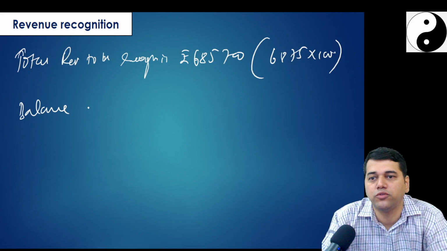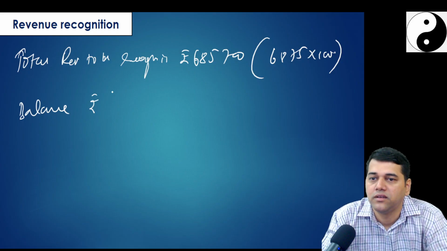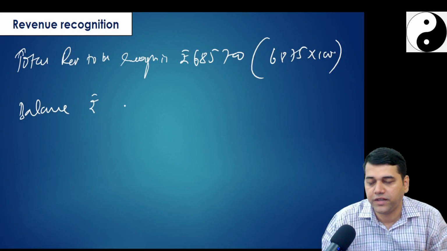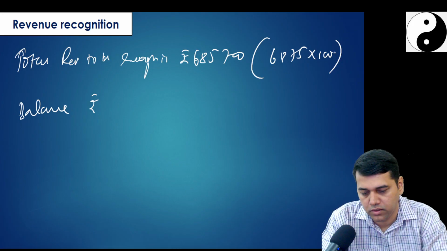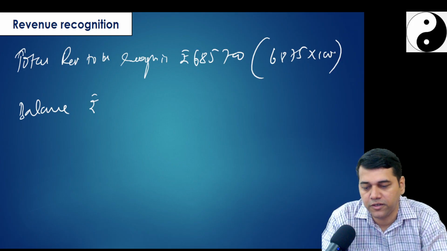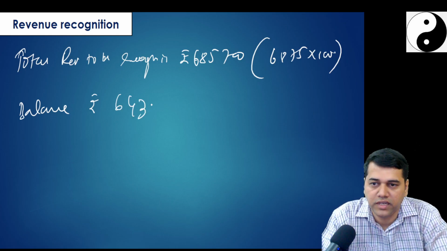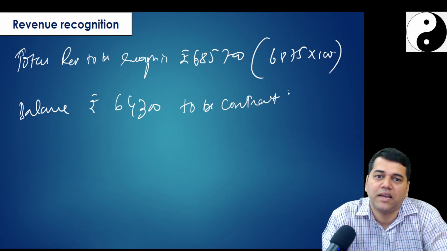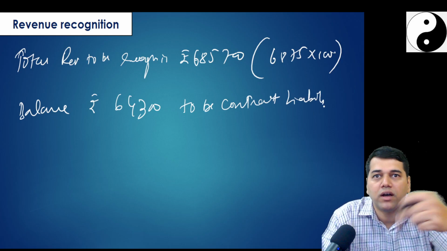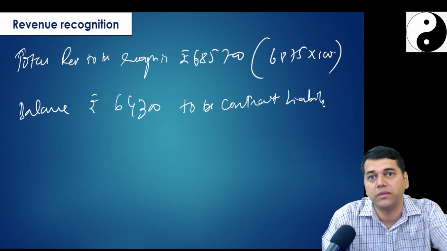Balance. How much is the balance? Rupees 7,50,000 minus 6,85,700, 64,300 to be contract liability. That means we received in advance that 2 years membership fees.